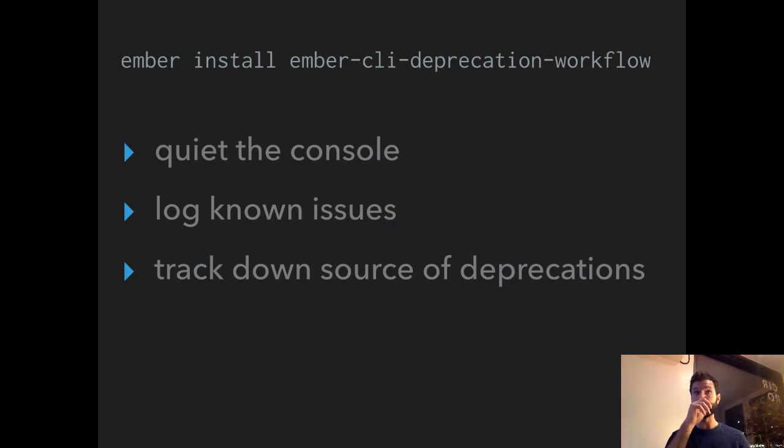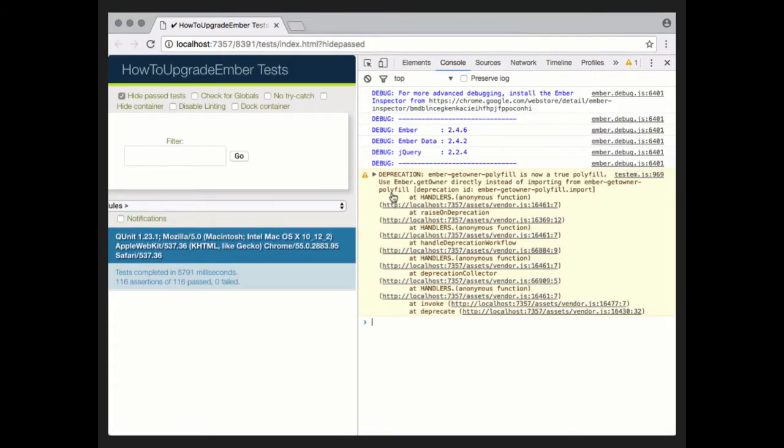If you've never used this before, sometimes you'll be in development, traversing around your code, and then suddenly you'll notice that you have 500 warnings in your console because you've hit so many deprecations. So it says, hey, I know that this deprecation is a thing, I'm going to handle it later, please don't log about it. And then it also helps you track down the source of deprecations, which we'll walk through an example of.